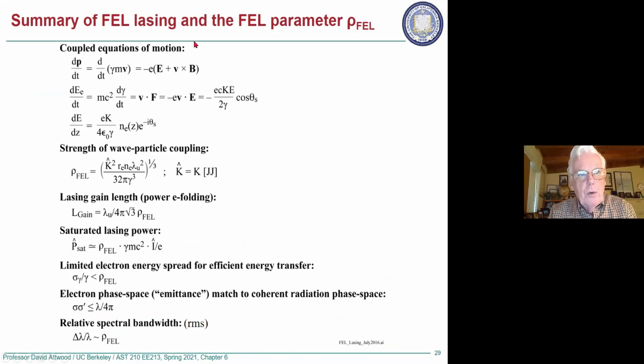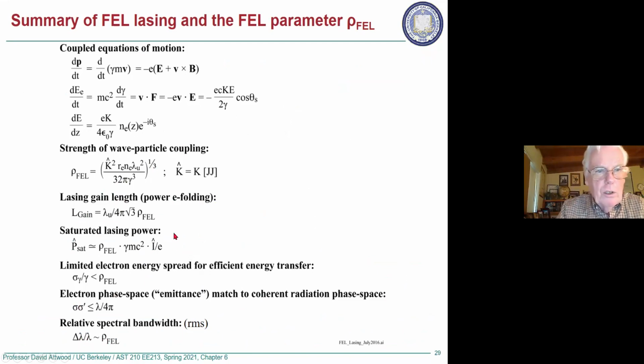So these are the equations that we looked at. This FEL parameter pops up. We find that there's a lasing gain length, which is this, okay? We also find that in terms of RMS, there's a relative spectral width of, again, rho FEL.